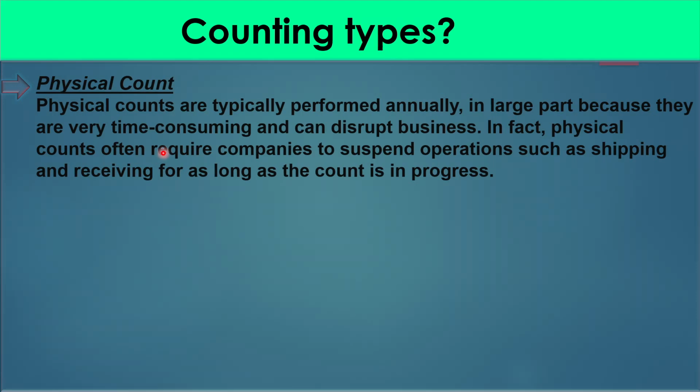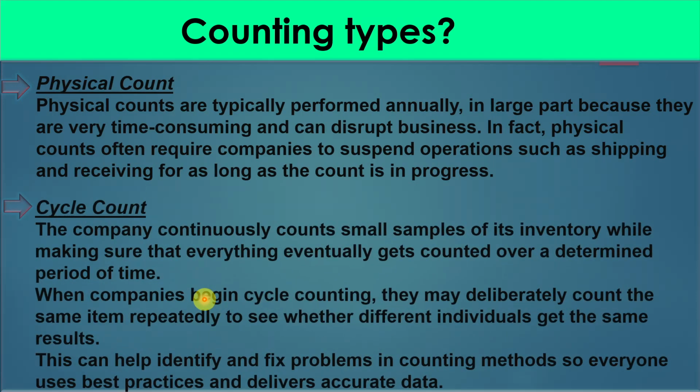Then another type is cycle count. Cycle count means the company continuously counts small samples of the inventory while making sure that everything eventually gets counted over the determined period of time.